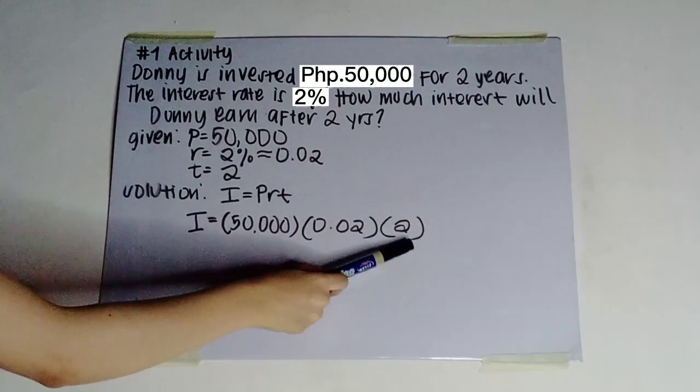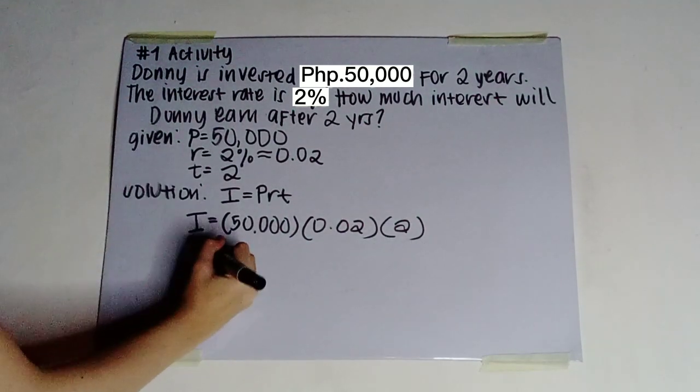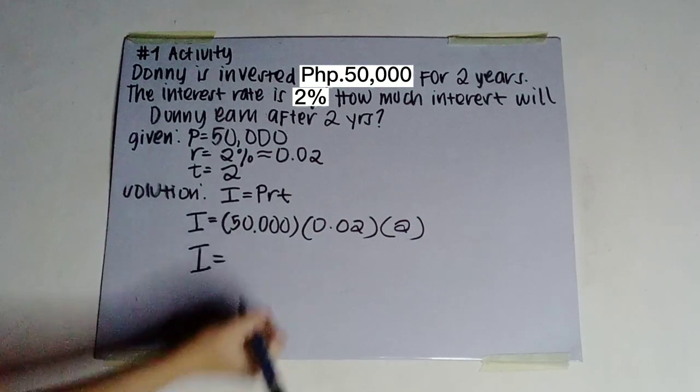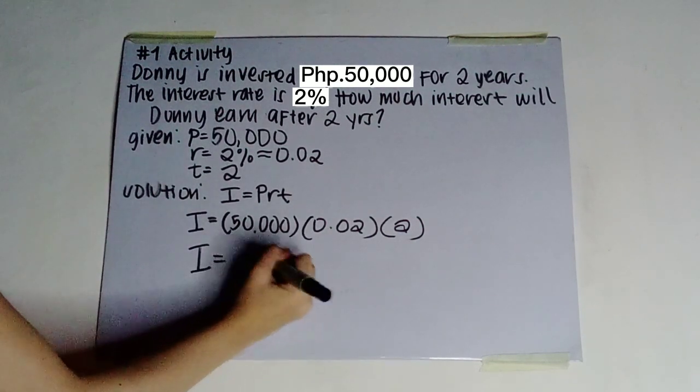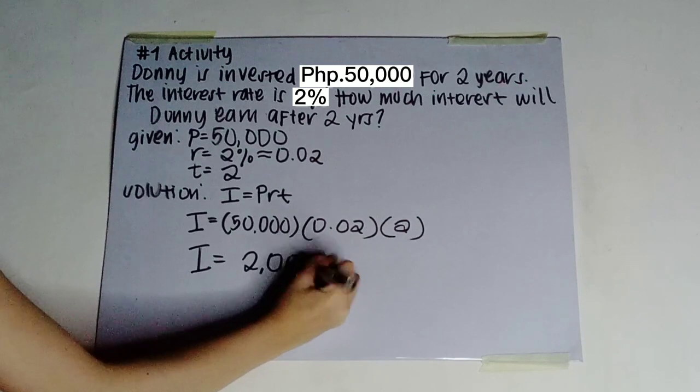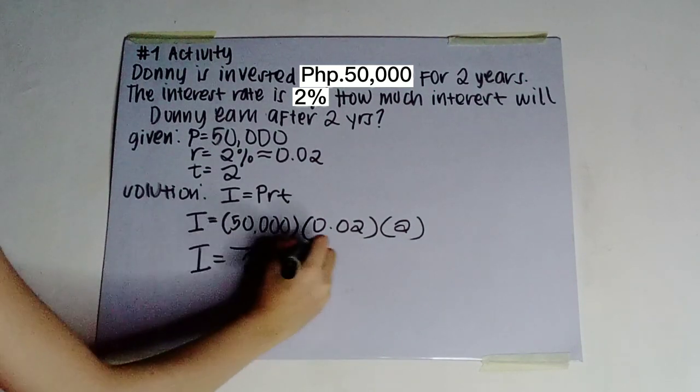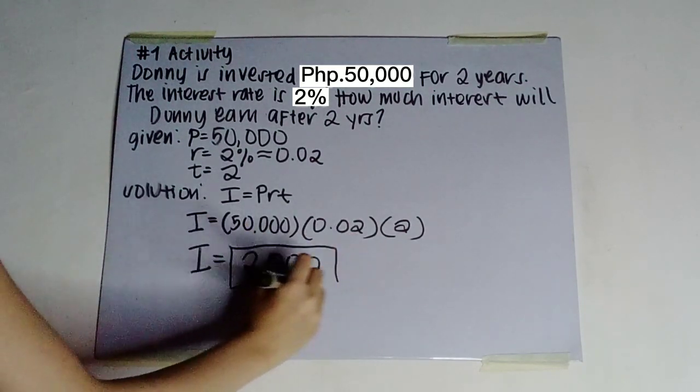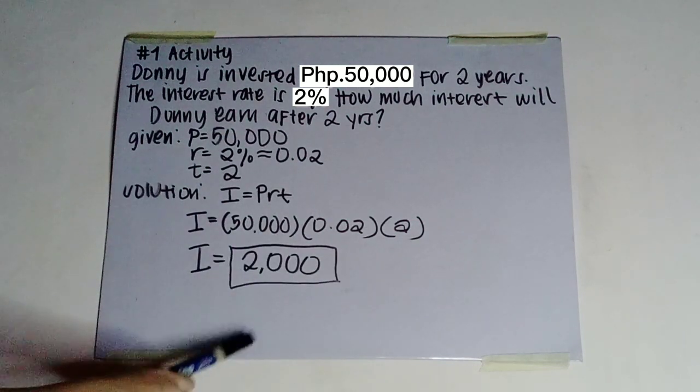So 50,000 times 0.02 times 2 is equal to 2,000 pesos. So the interest Donnie will earn after 2 years is 2,000 pesos.